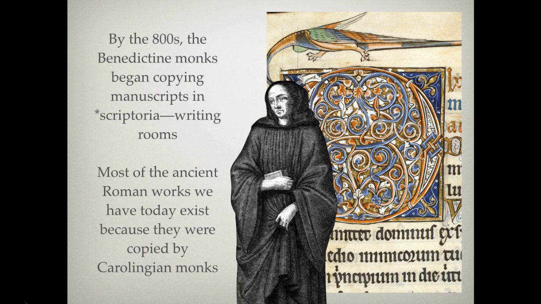Now, most of the ancient Roman works we have today exist because they were copied by Carolingian monks. Much of what was lost were items that the Carolingians had no copies of to make copies, or they were texts that they deemed not worthy to transmit to the next generation.